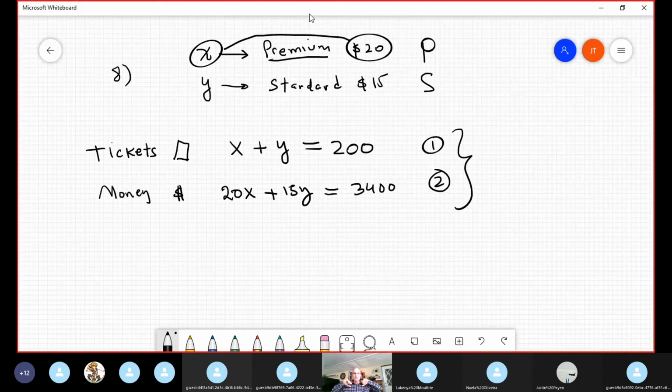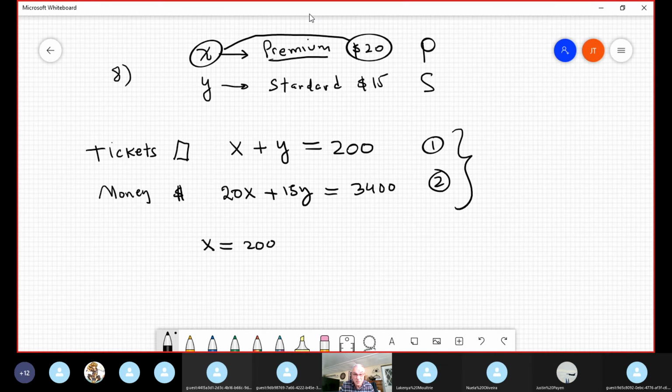What method do I apply, substitution or elimination? Substitution, absolutely, because I take advantage that the coefficient here and here is 1, right? So I solve for X from the first equation.